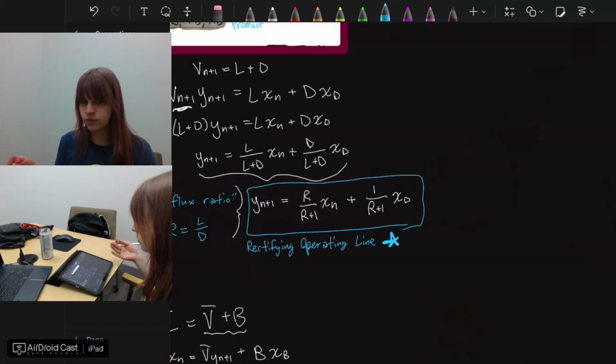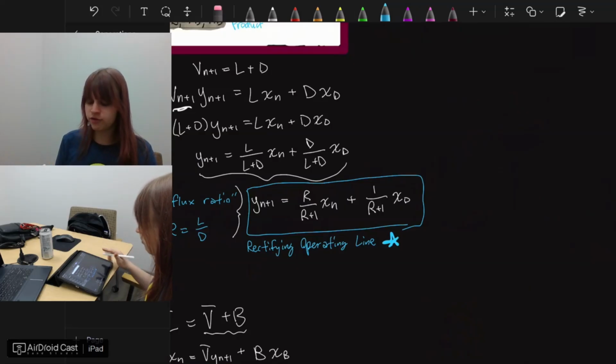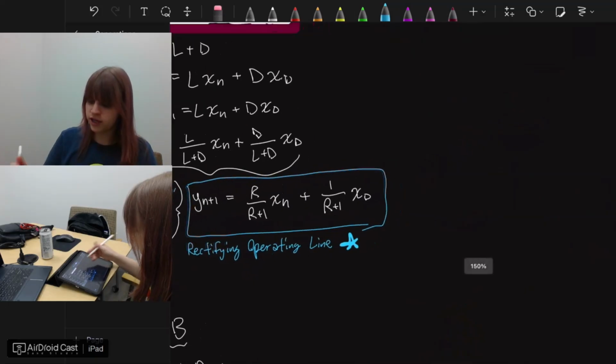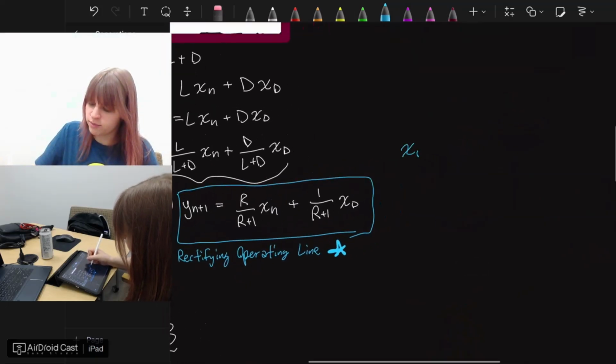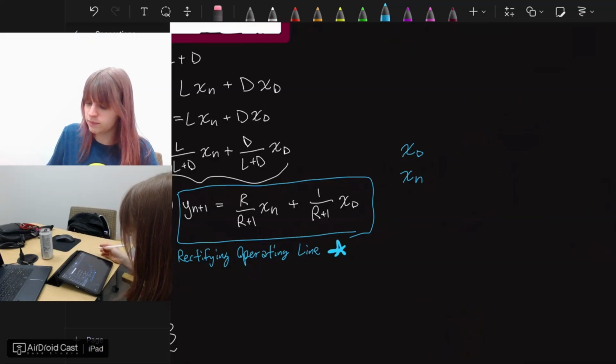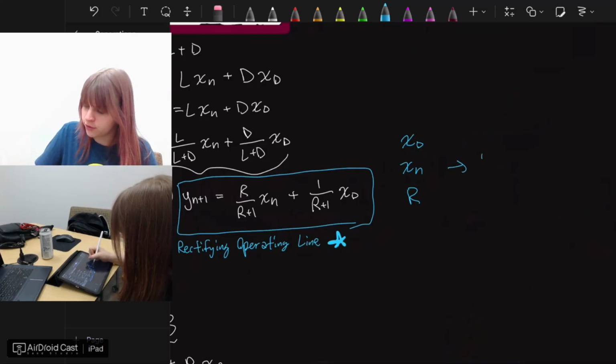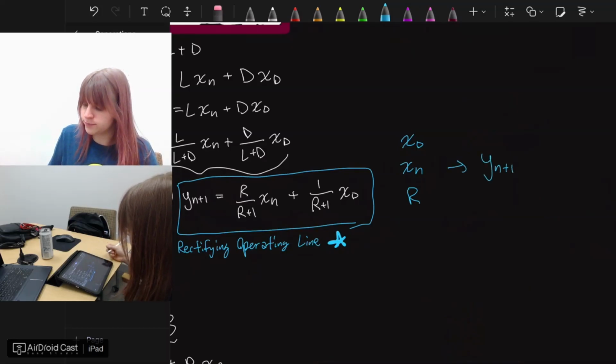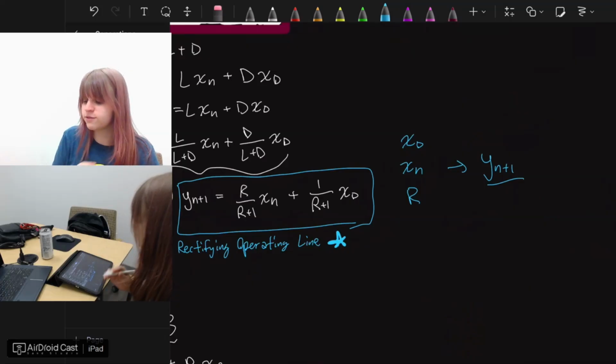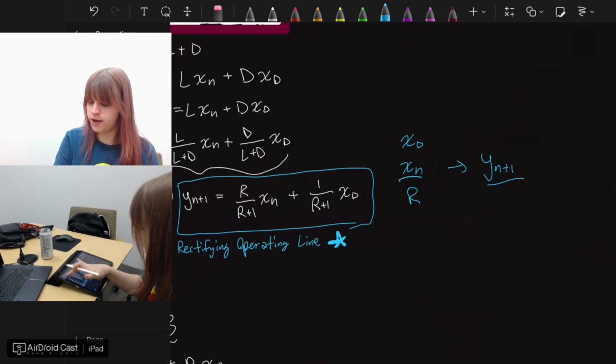It has a few purposes, but obviously if someone gave you the distillate composition, the liquid composition of stage N, and the reflux ratio, then you can solve for the vapor composition of the stage below. And similarly, if you had this but not one of these, you could do that.